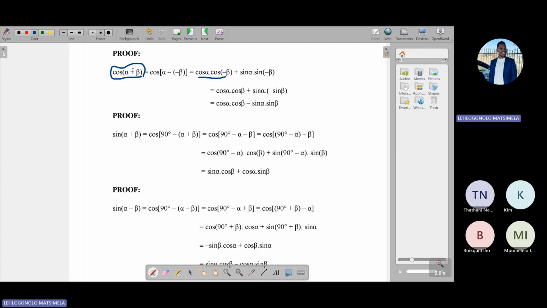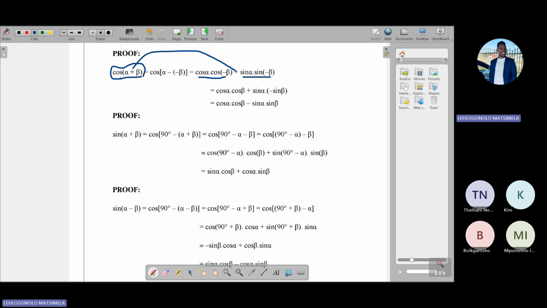If here it's plus, in between the two cos terms it's going to be positive, and then sin with the different angles. So cos(A plus B) is going to be cos A cos B... sorry, it's not plus here. It's supposed to be negative.